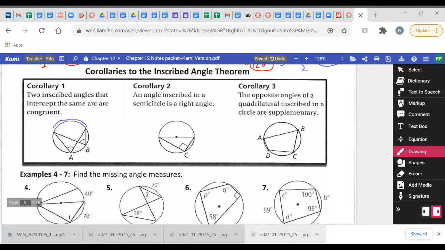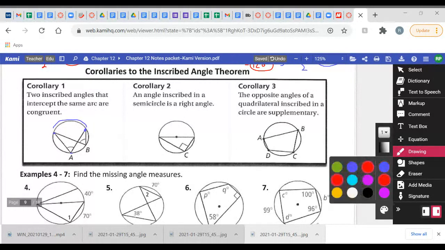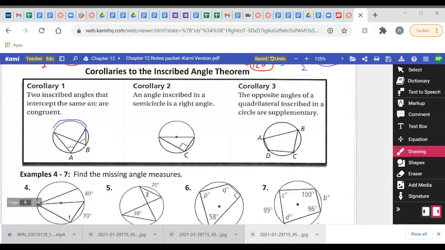If this is the intercepted arc, and angle A meets up with that arc here and here, and angle B is an inscribed angle that meets up here and here, then again, if both of A and B are inscribed angles and they both meet up with the same arc, if you take that arc and half it, that is what both of those angles are. So therefore, angle A and angle B must be congruent. So again, it makes sense.